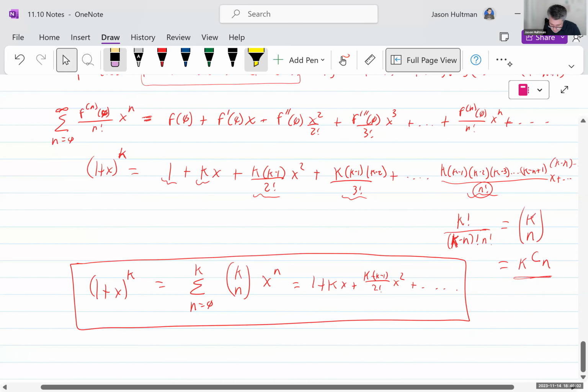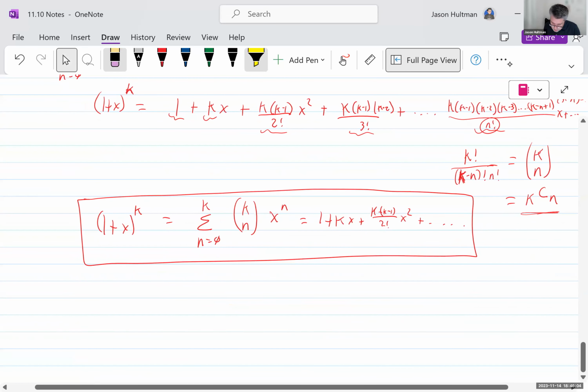So let's do that. This is the polynomial expansion for the binomial series. Until we call it that.